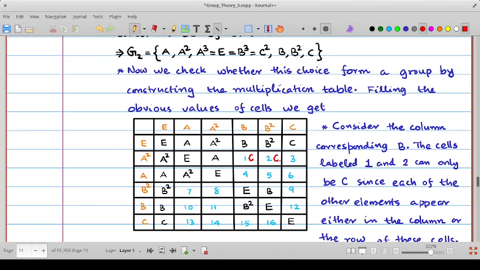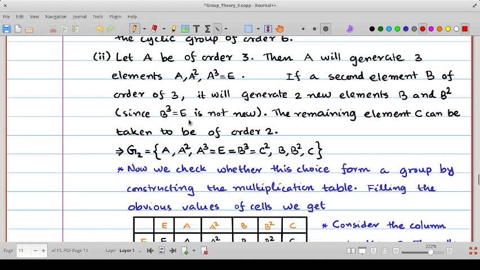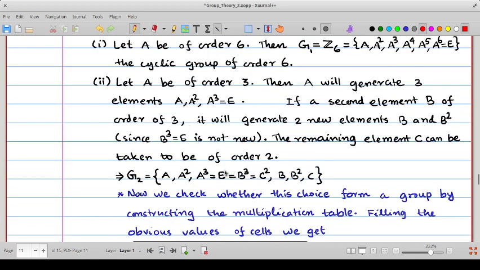But here C will be repeated, which cannot be allowed. So that means this choice of elements with these properties cannot form a group of order 6. So we have to discard this possibility.